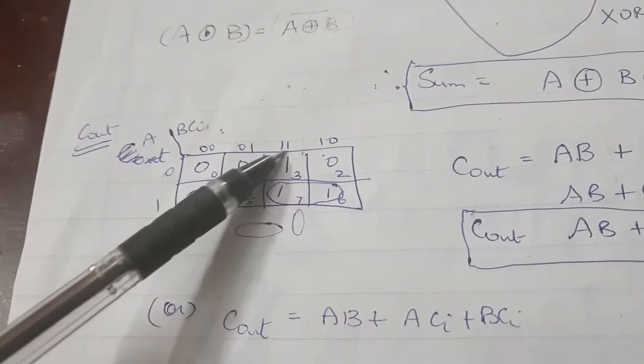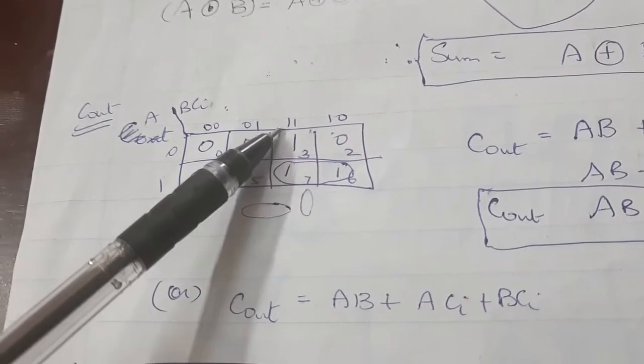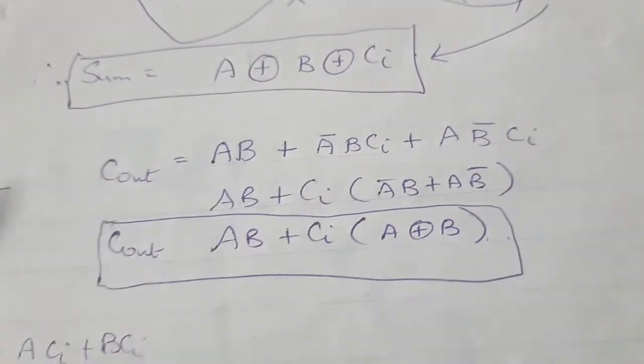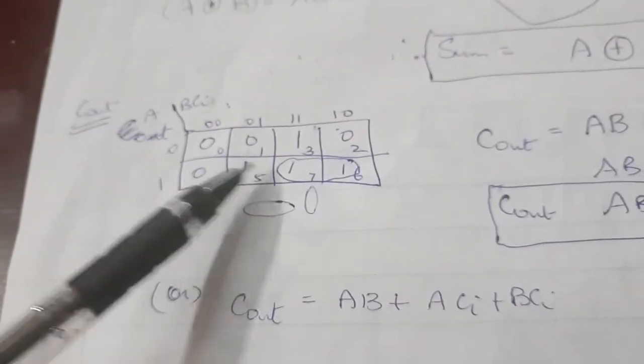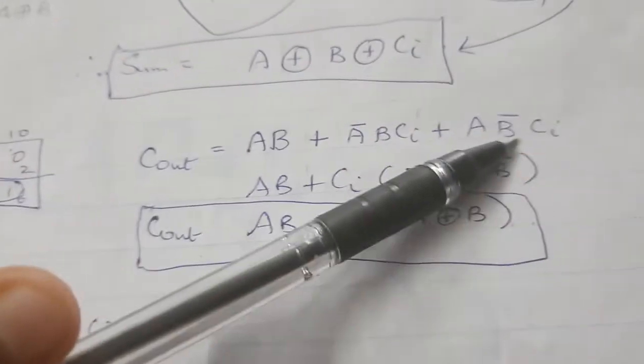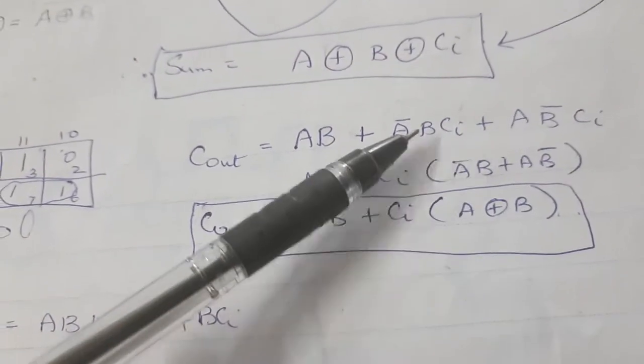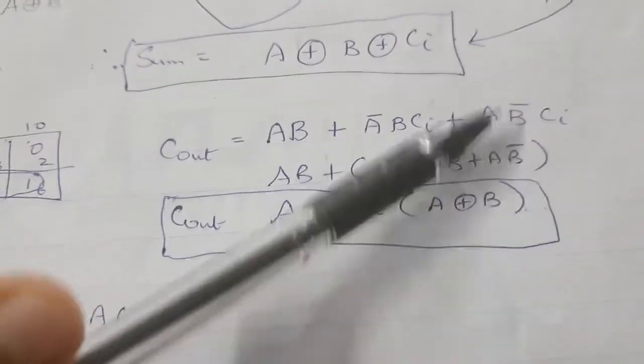If I am not clubbing, it's encircled as a single one, you will get the answer as A bar, B, C bar. Next one, you are taking this one, so the answer is A, B bar, Cin. In this common is Cin, take it out, you will have the answer as A B bar plus A bar B. This is the exclusive OR gate, A exclusive OR Cin.